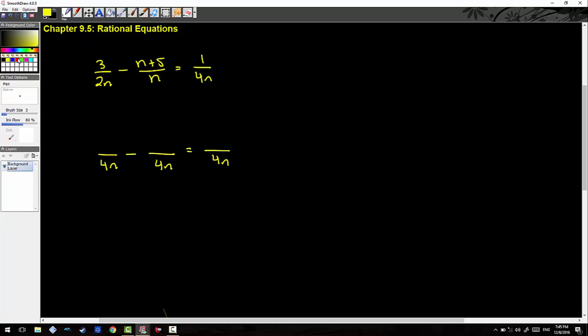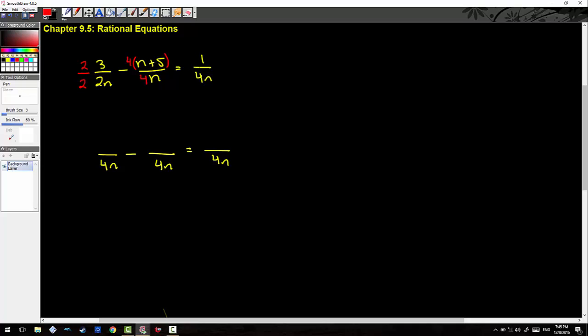Go and switch colors here. Again, go back to the rational adding and subtracting that we did earlier this week. What is the 2n missing in order to become a 4n? It's missing a 2. And I also have to do that up top. What's the n missing? It's missing a 4. So I'm going to multiply both top and bottom by 4.